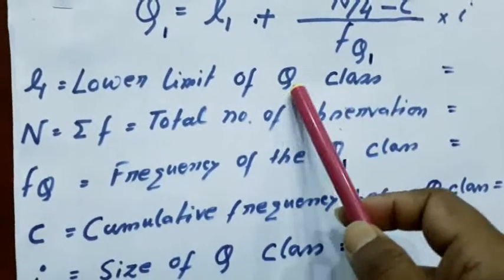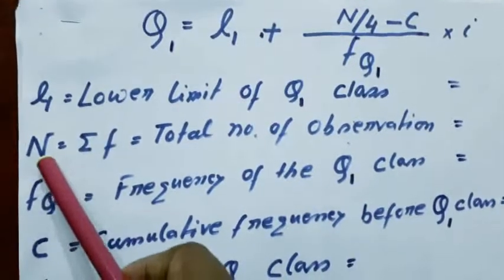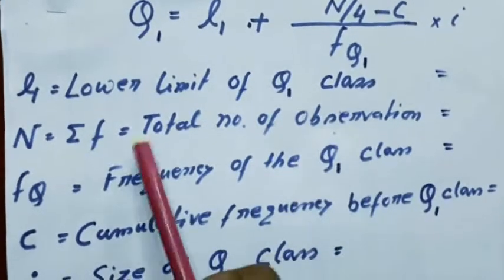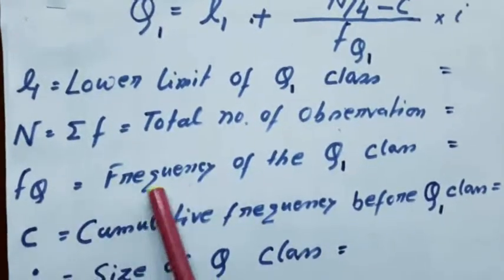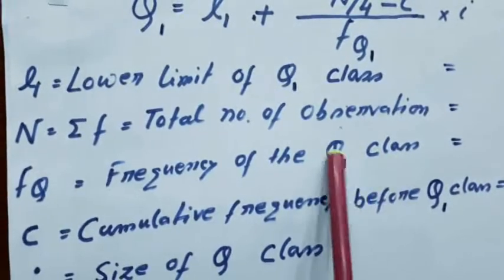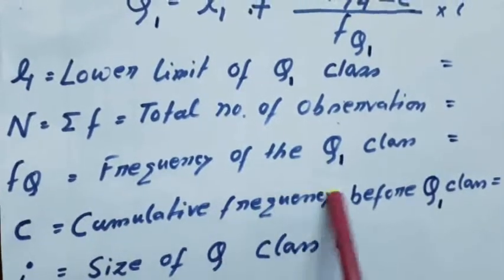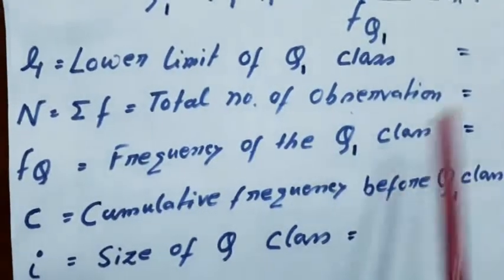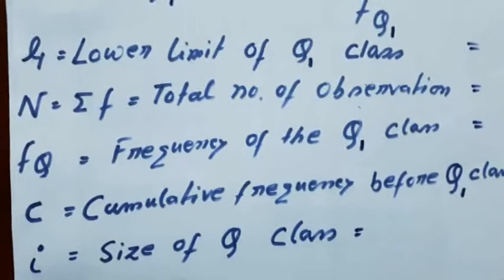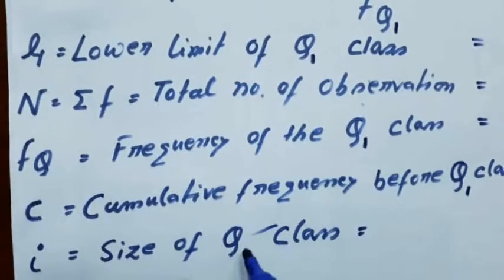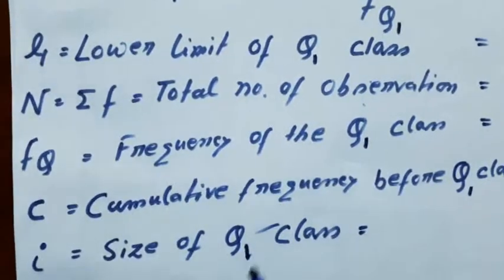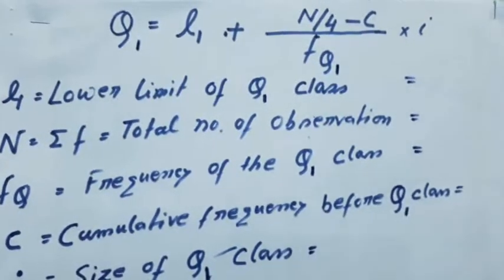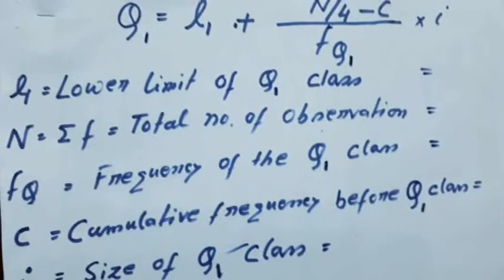First quartile means Q1, and n is the usual meaning, sum of total observation or sum of frequency. FQ1 is the frequency of the Q1 class, means first quartile class. C is the cumulative frequency before Q1 class, and I equals the size of the Q1 class or first quartile class. Okay, this is the interpretation of the terms used in the formula.